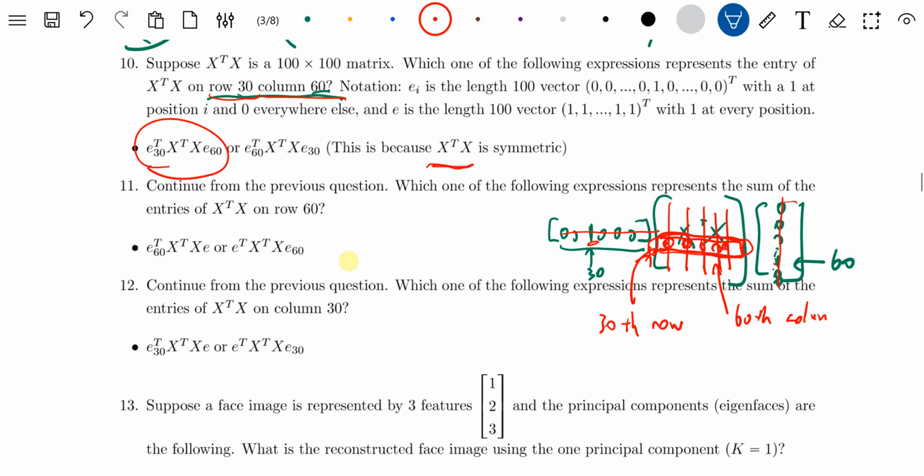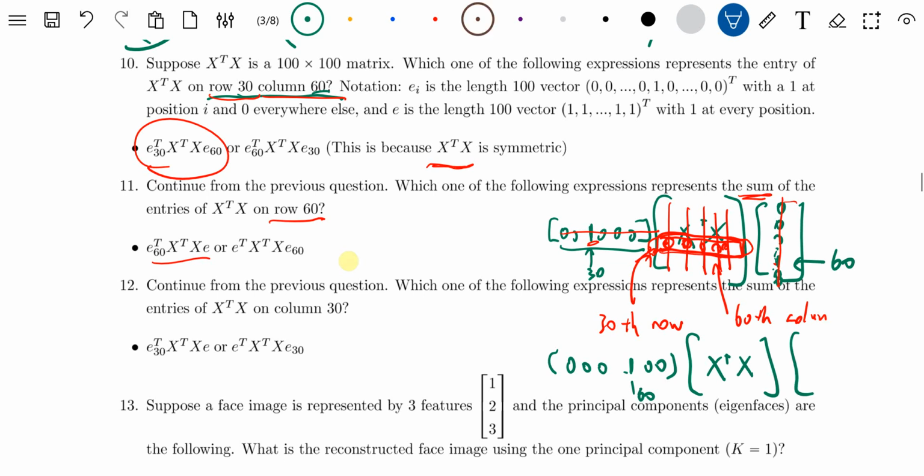So moving on to this: how to represent the sum of row 60. First we want to get row 60 now, not row 30. So we want all 0 and a 1 at position 60, multiplied by X transpose X. For the same reason, we get row 60 here.